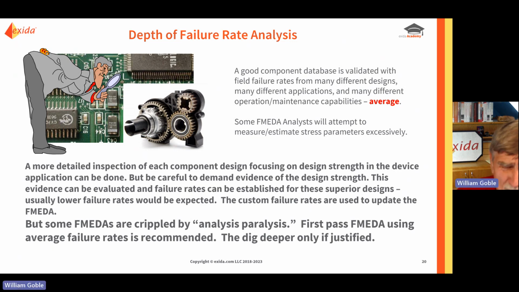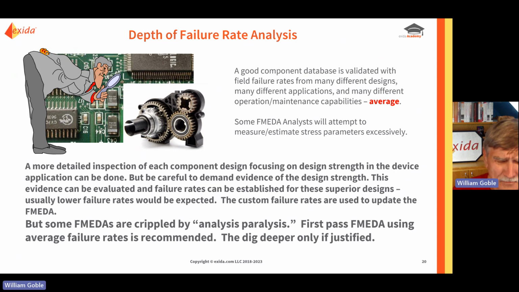An FMEDA came in from a customer. It looked pretty well done, although some of the failure rates looked a bit low. And we say, how do you justify this? And by the way, how long did your FMEDA take? And he said, 3 months, 200 parts. 3 months? This should have taken 2 weeks, maybe a week.